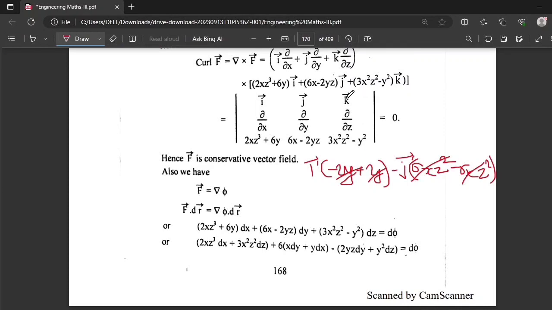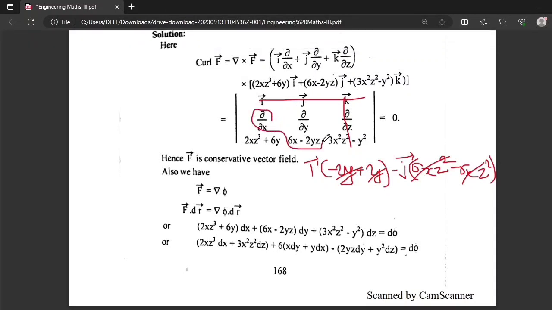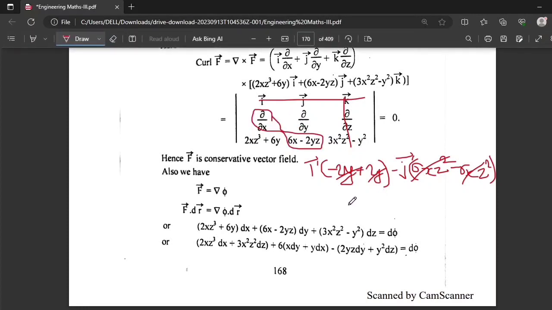Remaining is the k vector. Cancel its column and row, and the remaining is ∂/∂x of (6x − 2yz) minus ∂/∂y of (2xz³ + 6y). With respect to x, it is 6, and the other term has no x, so it is 0.